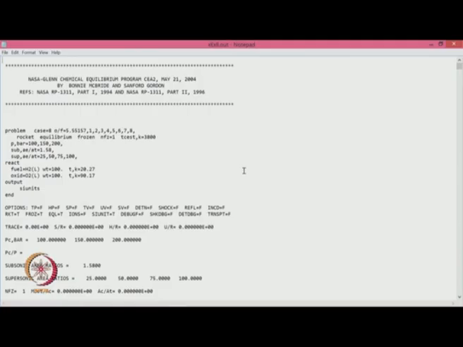Now, if you look at the output, it firstly tells you the input conditions that you have given, the O by F ratios. You have chosen equilibrium and frozen, and the pressures and pressure ratios that you have looked at.